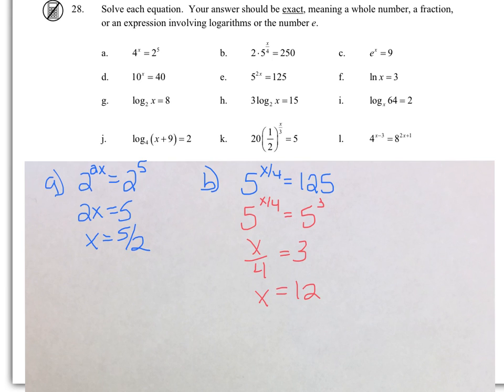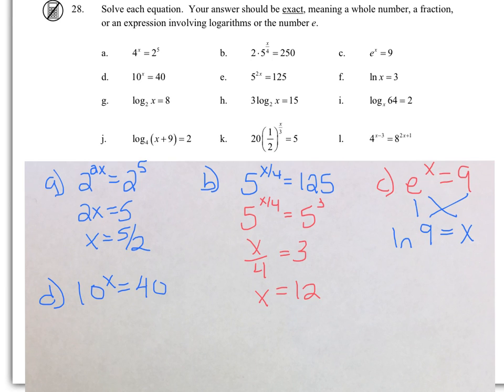For C, because the base is e to start, we can't change e and 9 to be the same base. So instead we can change it to log form. So the ln of 9 is x. We're going to do a similar step for D. We can't make 10 and 40 the same base, so we can change it to log.